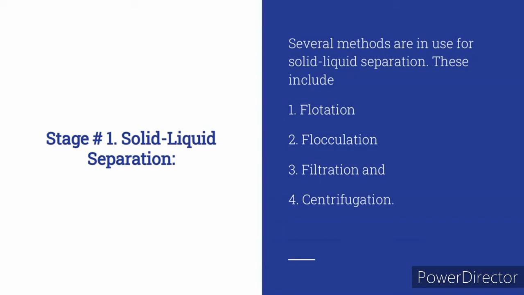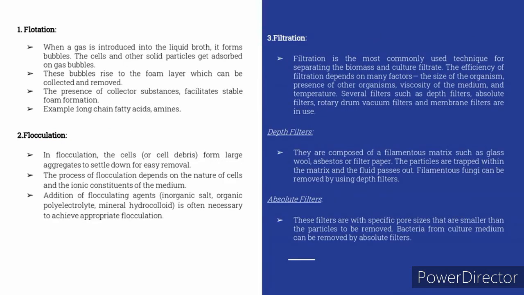Let us now see, if the product is extracellular, we need to separate the solids and liquids, right? So in order to perform that, we will be adopting 4 different kinds of techniques known as flotation, flocculation, filtration, and centrifugation. Let us now have a brief description of all the 4 processes.